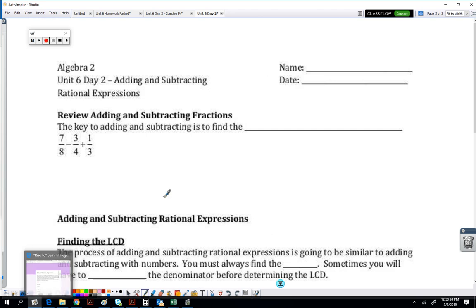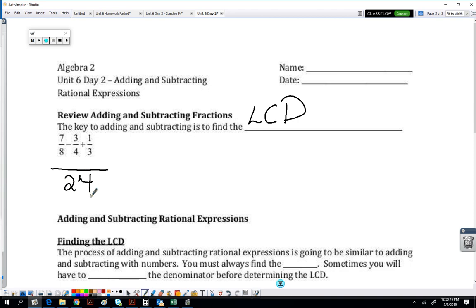All right, so review. The key to adding and subtracting is to find the least common denominator, the LCD. So again, we have 3 fractions. It's okay. You need to find your least common denominator between all 3 of them. And it is going to be 24. So you can write it as 3 separate fractions, but what I'm also going to do is just write it as 1.